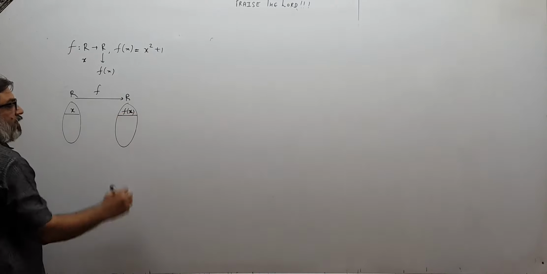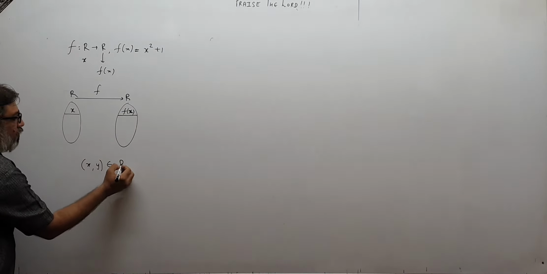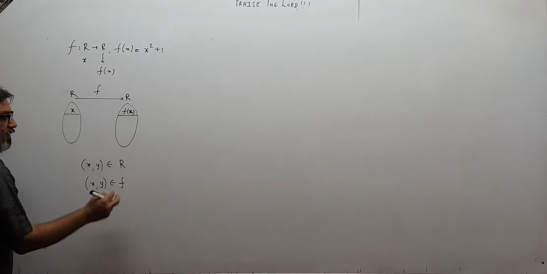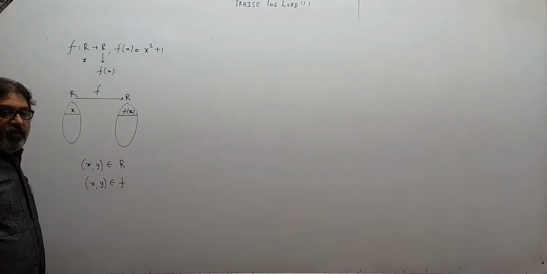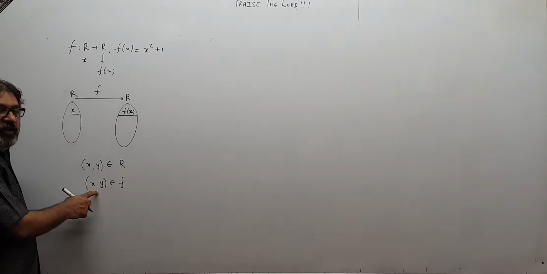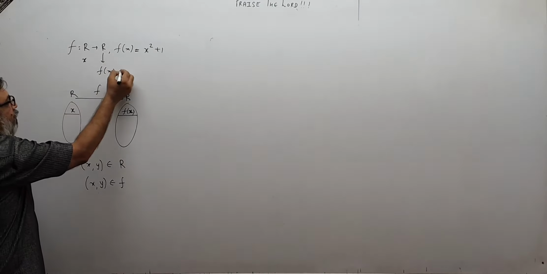And you know that we have been saying (x, y) will belong to the relation or (x, y) will belong to the function, because function is also a type of relation only. X comes from the first set and y comes from the second set.